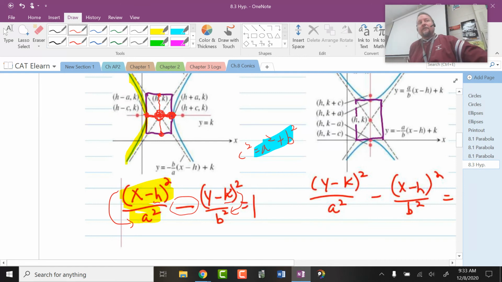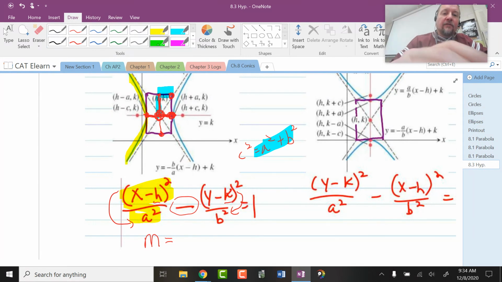Then notice, this is grade school stuff. Notice the slope of these asymptotes. The slope of any line is rise over run. Notice the rise from this point to say this point is the y-axis radius over the x-axis radius.